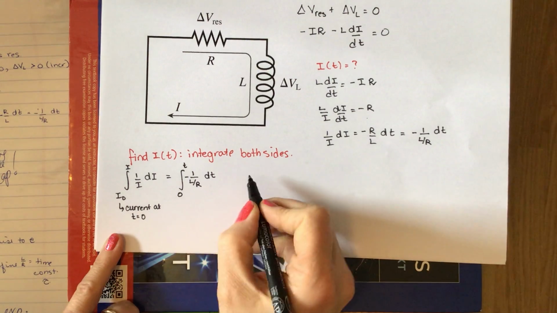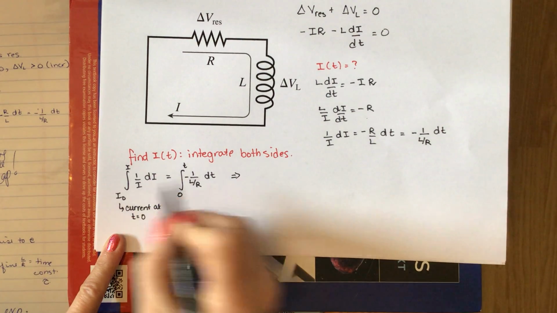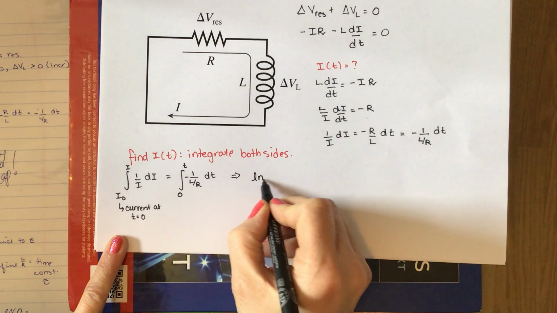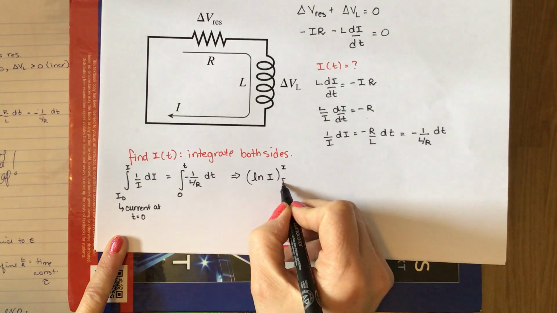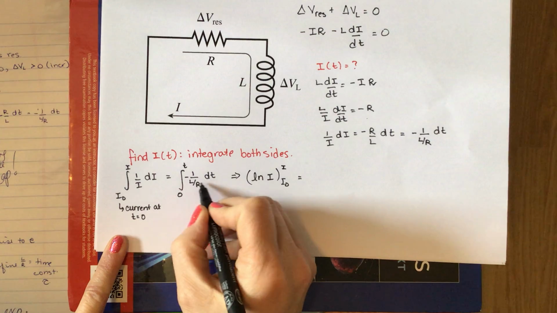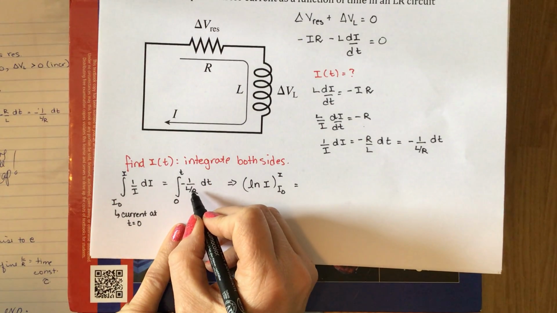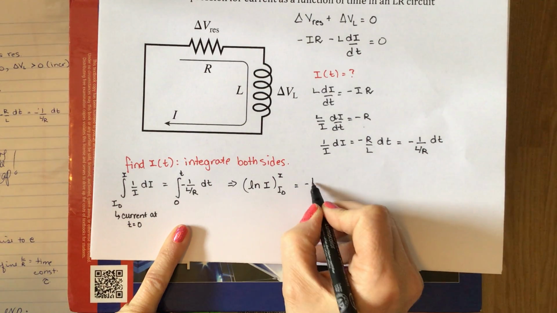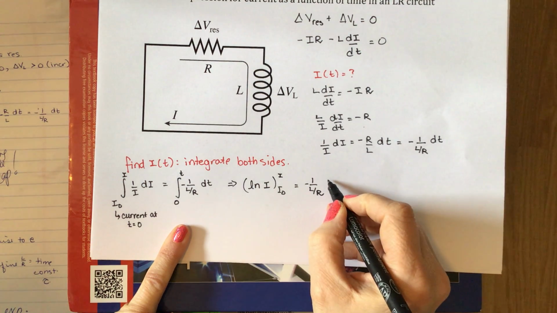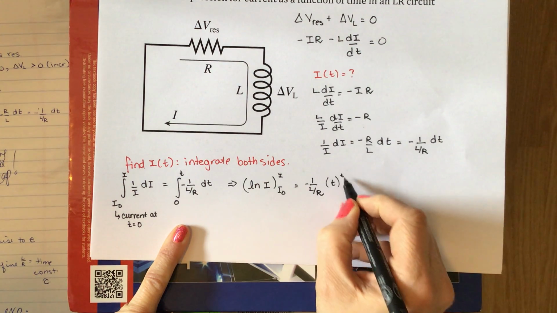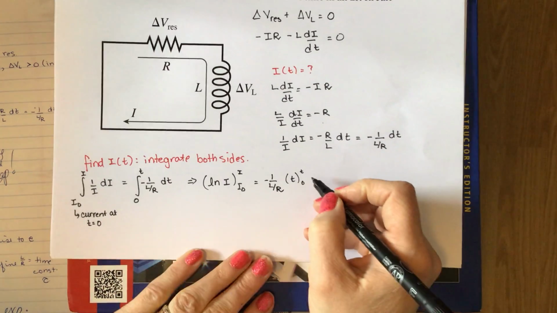So where is this going to take us? The integral of 1 over I is the natural log of I. That's going to be evaluated at I and I0. When I do my integral over here, first thing I do is I take my minus 1 over L over R outside. The integral of dt is just t. That's evaluated at t and 0.